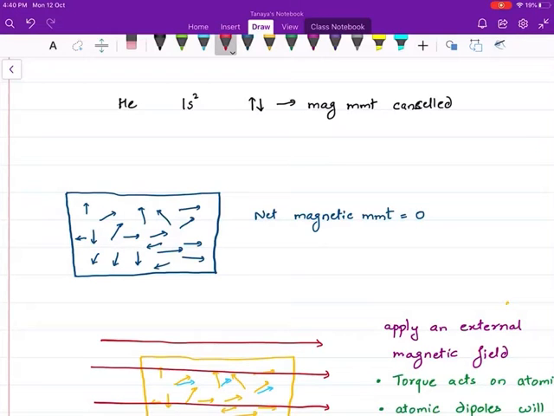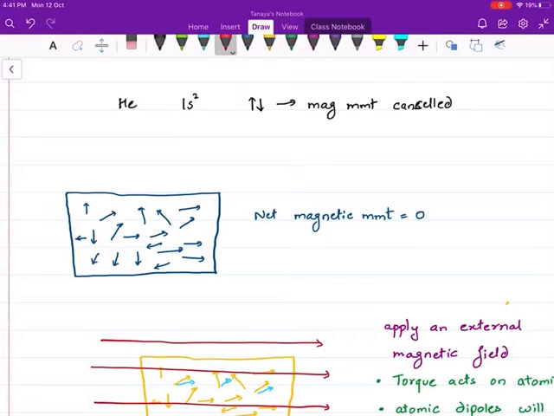One is acting in the upward direction and another is acting in the downward direction. So the magnetic moments are getting cancelled, is it not? So I say that the magnetic moment of this helium is zero because it has paired electrons, and because of which the magnetic moment has become zero, right?